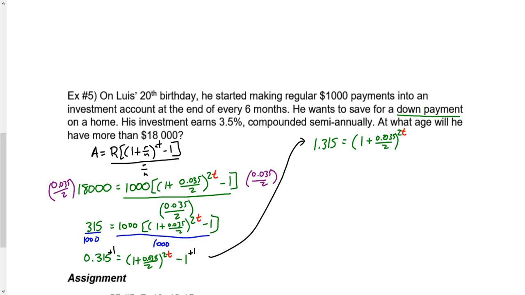And now here's where it can get a little bit trickier, because we need to try and work this out. Now, the one thing that we can do is take the square root of both sides.